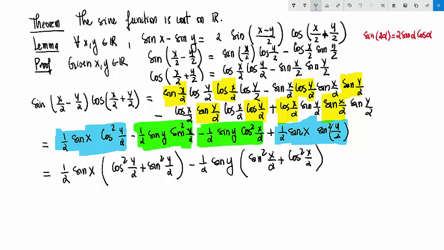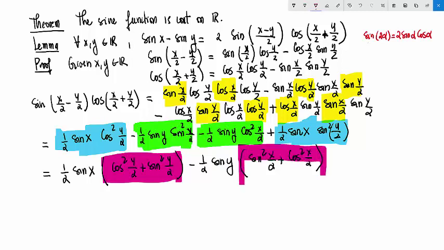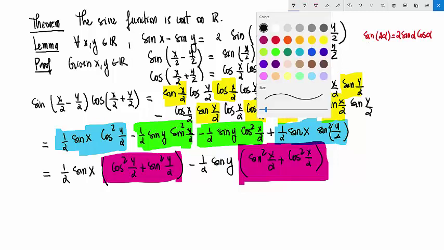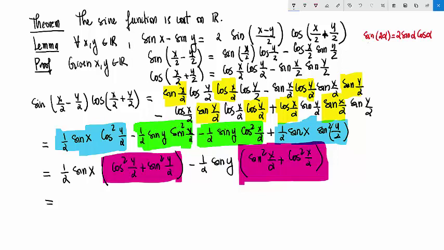And the next point that I'm about to make is that by the Pythagorean theorem, this is 1, right? So those two are equal to 1, and as a result we obtain 1/2 sine of x minus 1/2 sine of y.